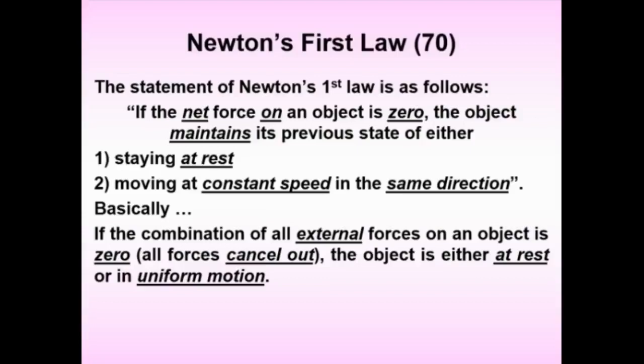One of them was uniform motion, which is just going straight, maintaining my direction and maintaining my speed. Does anyone remember the name of the other motion? Yes, uniform acceleration, which means I'm still going straight, not changing my direction, but what's happening to my speed? Speeding up or slowing down. Well, guess what? We do not have uniform acceleration or deceleration for Newton's first law. We have only uniform motion.